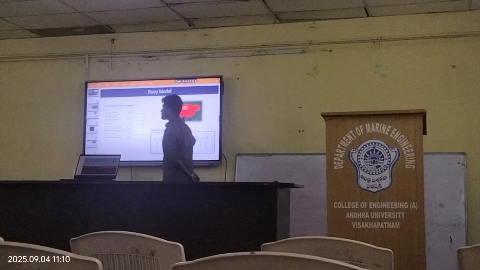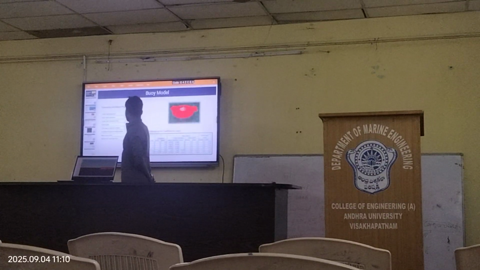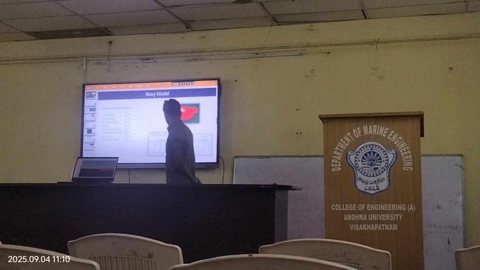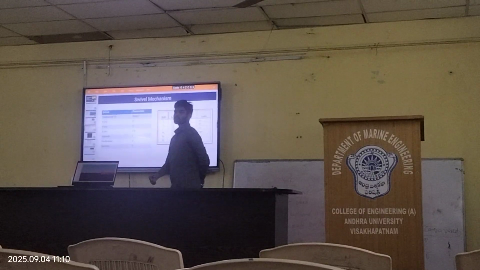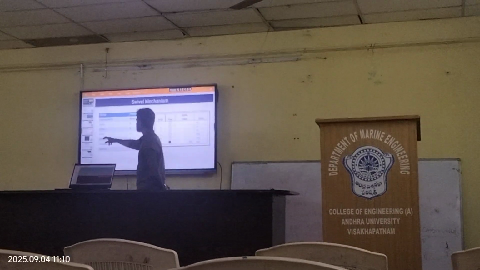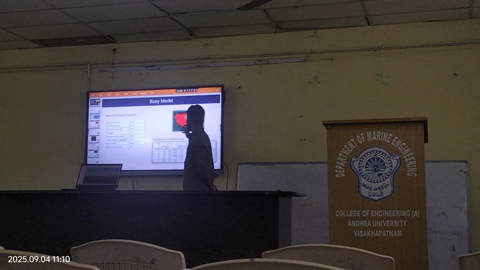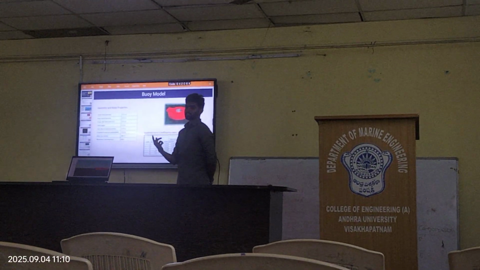This is the buoy model which was designed by me using these geometrical properties, and these are the hydrodynamic coefficients used. I used a turntable mechanism; the buoy consists of two parts, which are the turntable and the other normal buoy part. The turntable is used to weather vane the system.